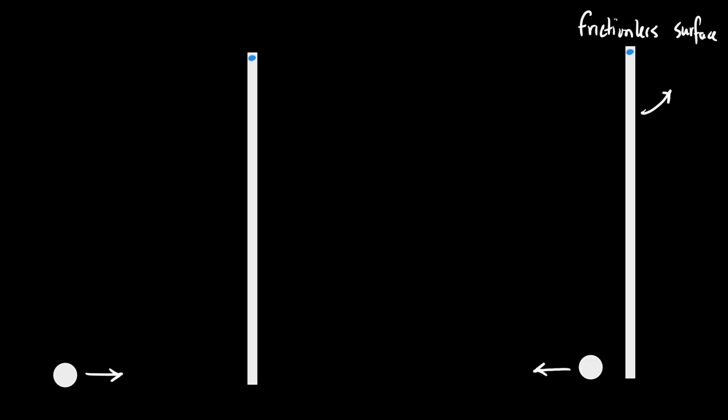Now this is getting to the point where we're talking about a bat striking a ball kind of thing. Right now the plank is at rest, but you can imagine where the plank might have an angular speed before the collision.